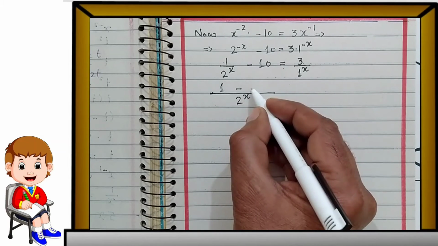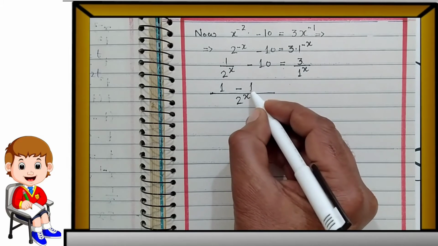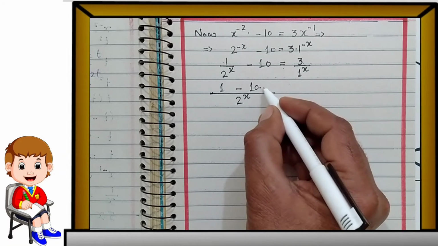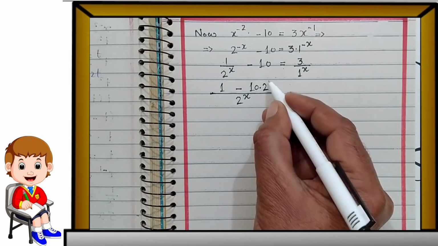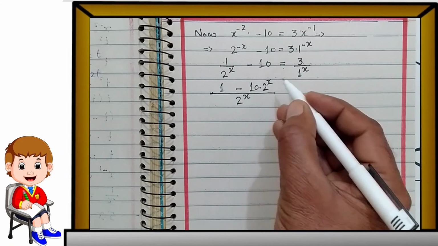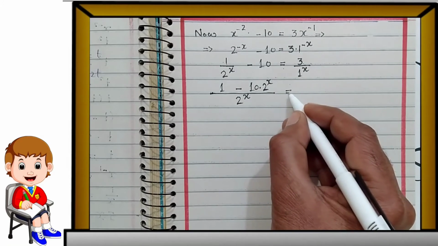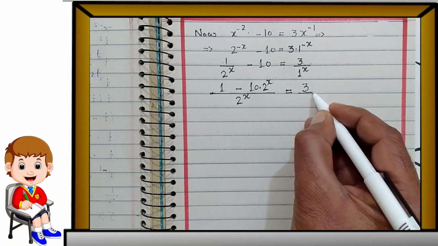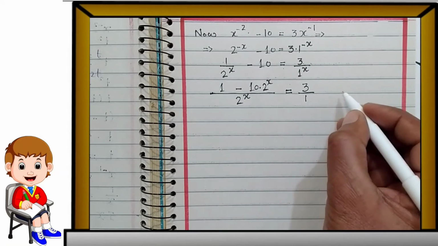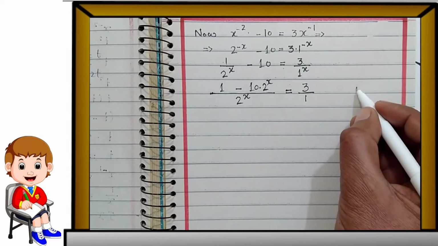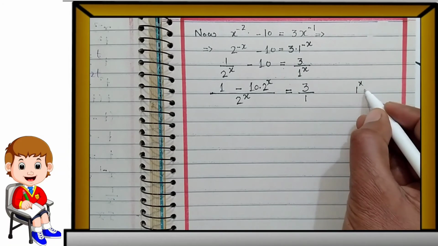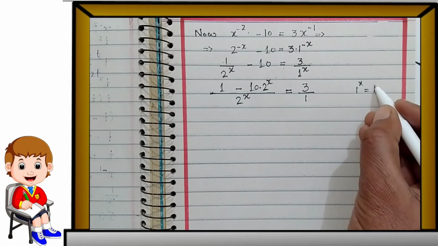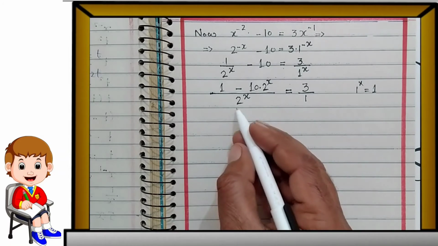Now 2 raised to x will multiply with 10. So 10 dot 2 raised to x, is equal to 3 over 1, because 1 raised to x is equal to 1. Any power of 1 gives 1.